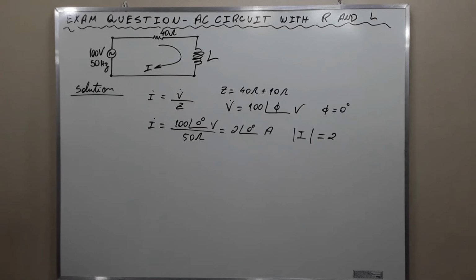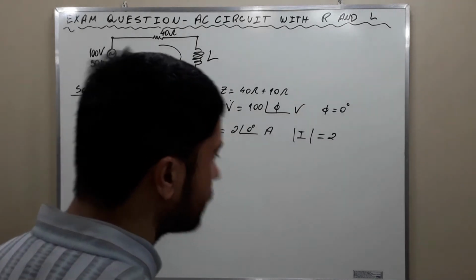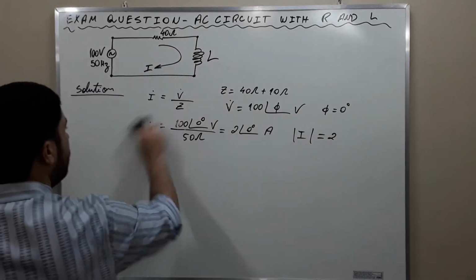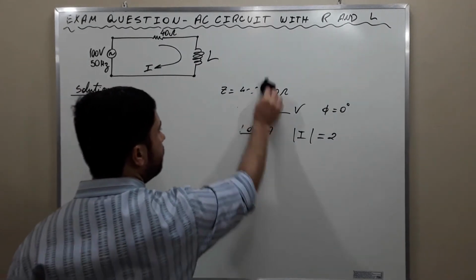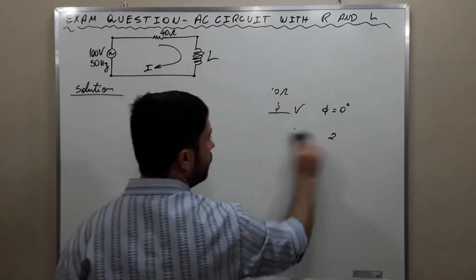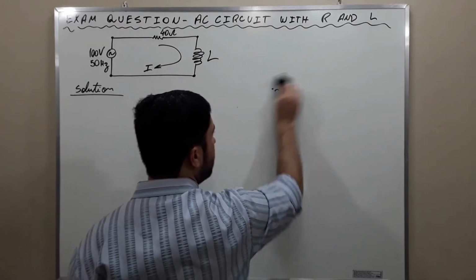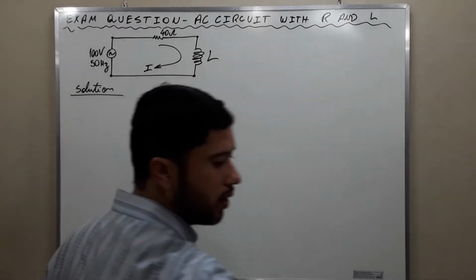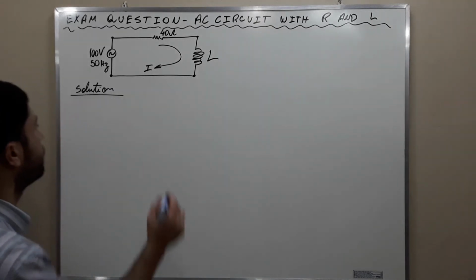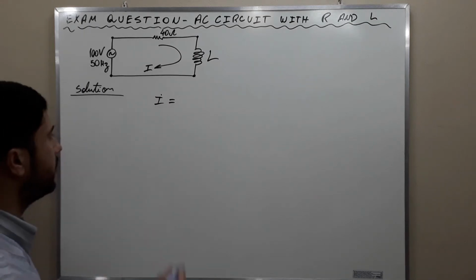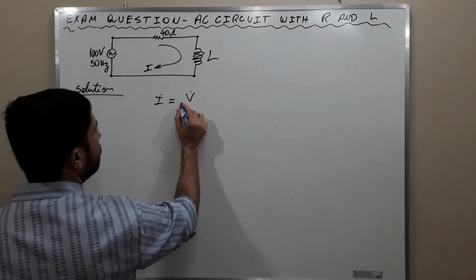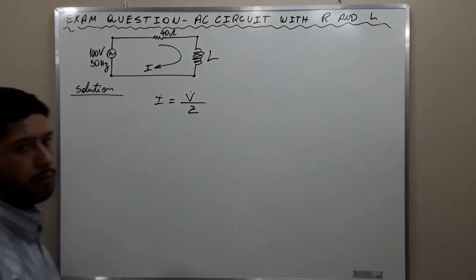And the inductance of the inductor is L. Now, instead of having only resistive elements, we have now an inductive element in the circuit. Again, the current phasor is going to be the division between the voltage phasor by the impedance.